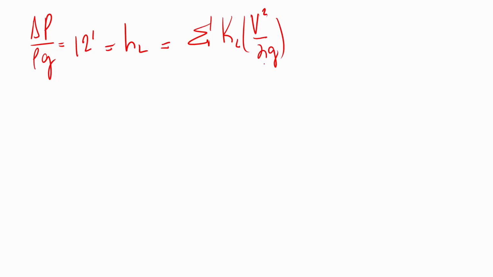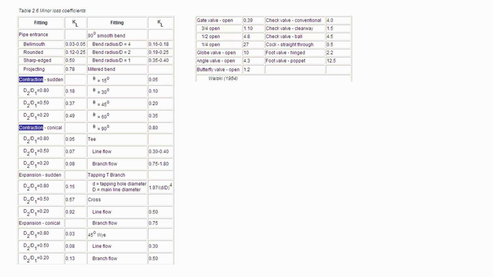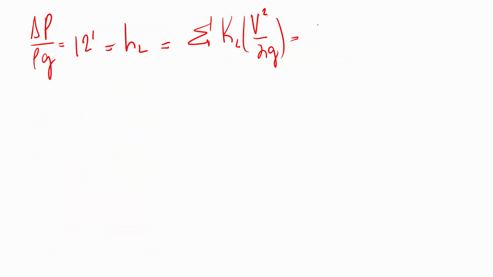So the first thing I have to do is I have two different valves. One, I know that it's a globe valve and it's open, so I look for the KL value in the tables and it tells me that it's 10. So I have 10 plus another valve that is unknown, times the velocity squared over 2g.